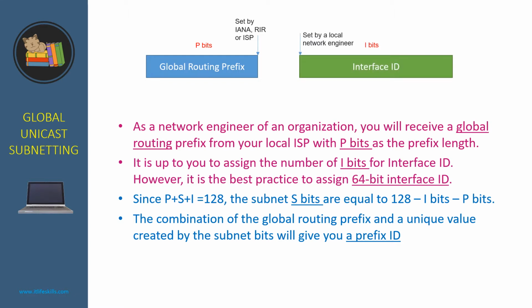However, it is best practice to assign a 64-bit interface ID. Since P plus S plus I equals 128, the subnet S bits are equal to 128 minus I minus P. The combination of the global routing prefix and a unique value created by the subnet bits will give you a prefix ID.